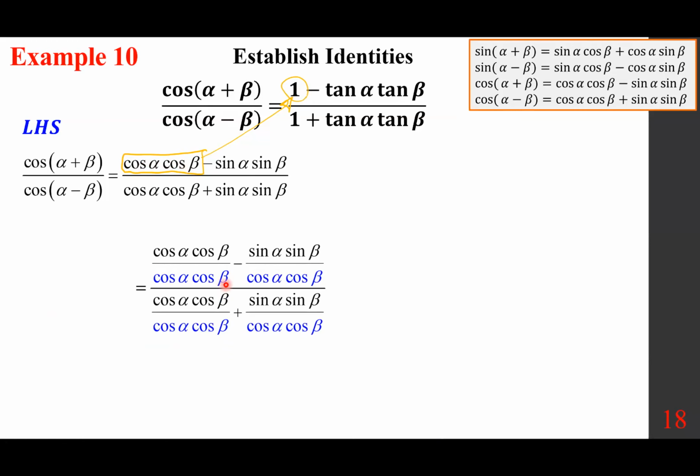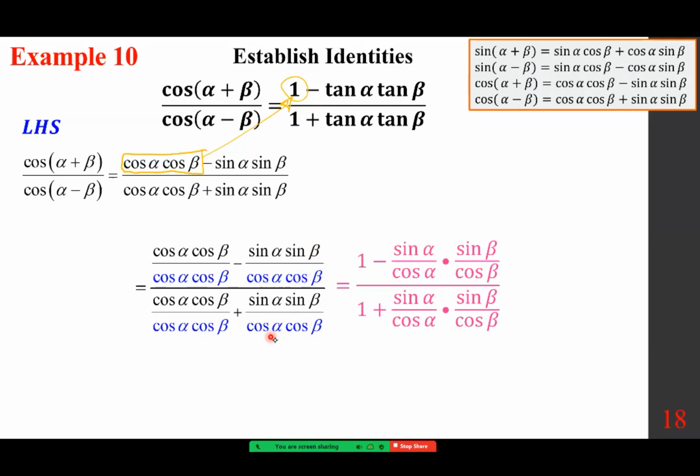When we do that, clearly this becomes 1, this becomes 1, and now this one, let's separate them and see it. Clearly we get to the answer that we want. Practically we are done. But this is 1, this is 1. Everybody can see that. This one we're going to write sine over cosine alpha. This is sine over cosine beta, the same thing here. So we separate them in this fashion.